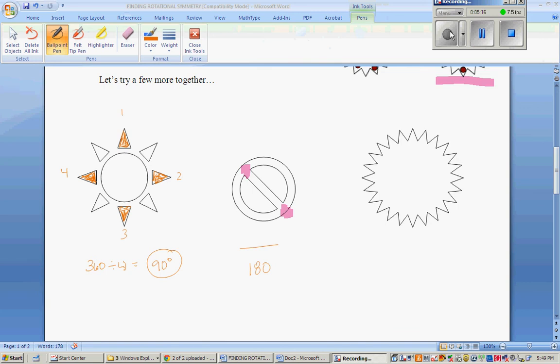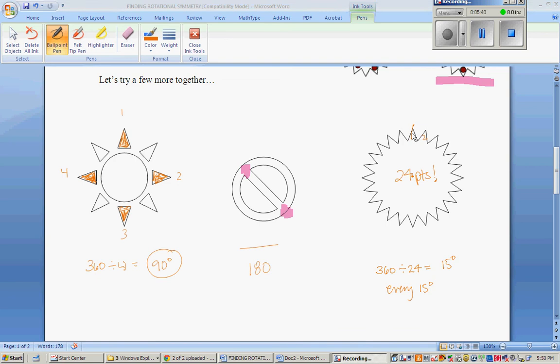Now, hit pause, take a moment, and count how many points this particular little starburst has. Mark 1, 2, if you have to, check it out, and in 5 seconds, this is going to reveal the answer. If you got every 15 degrees, you were totally right.